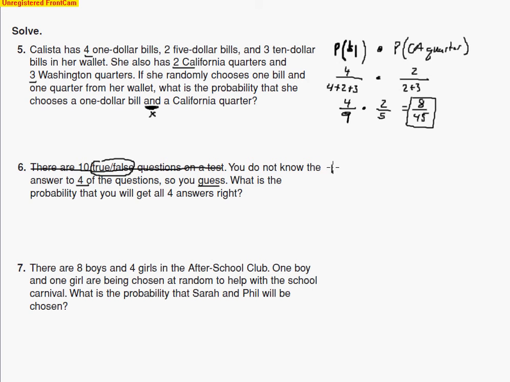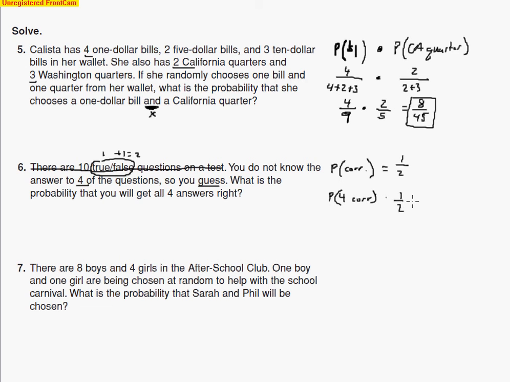So the probability of getting a correct answer would be 1, because there's 1 correct answer out of 2 choices, true or false. So we added those numbers together, and that's how we're getting the total of 2. So the probability of getting a correct one is 1 out of 2. Probability of getting 4 correct, well, what we're going to end up doing is taking the probability of just 1 of them. And so we have the probability of 1 is 1 out of 2.